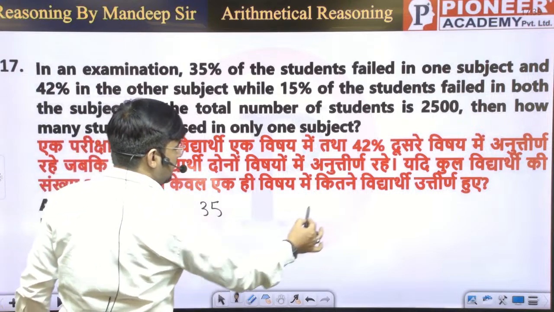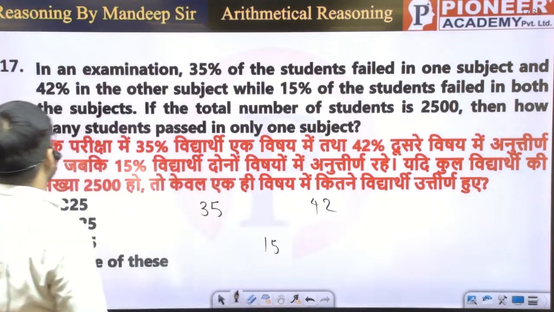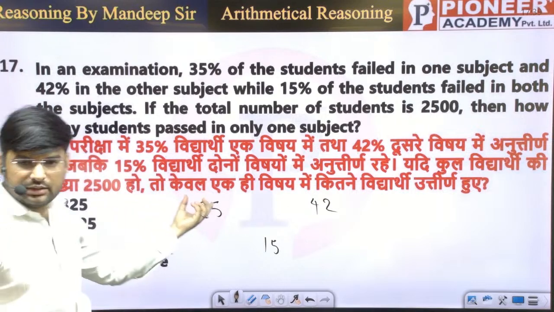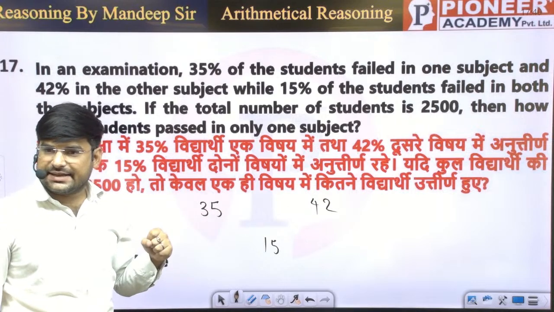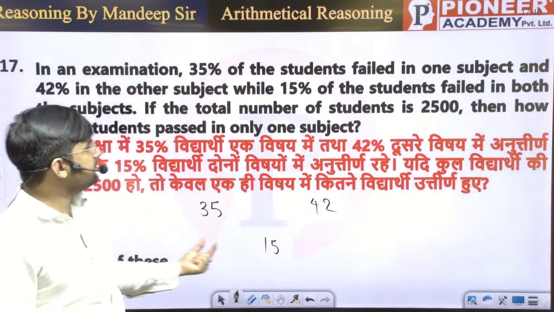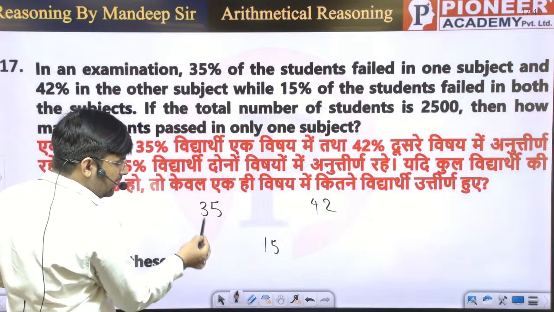35 and 42. In an exam, 35% of the students failed in one subject and 42% failed in another subject, and 15% failed in both subjects. So one subject and both subjects.